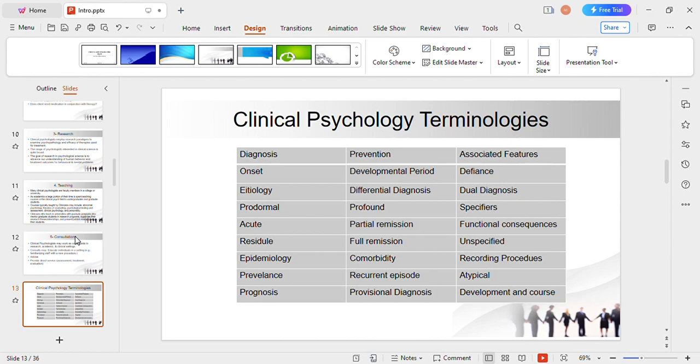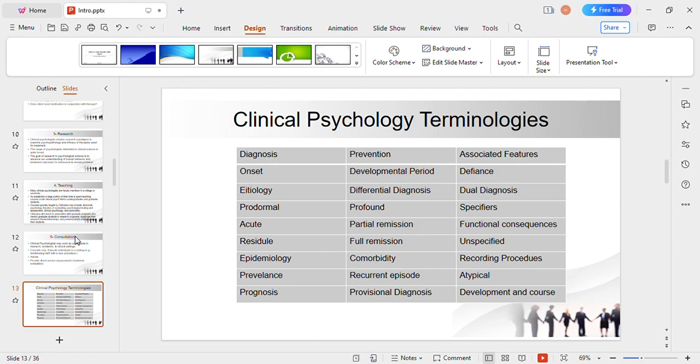Now there are some stages which represent the symptom severity. For example, the first terminology is prodromal stage. Prodromal stage represents the early stage of disease in which the signs and symptoms of disease are not clear, but they are present, though not in identifiable form.